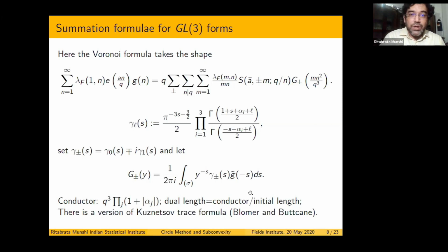And if you analyze the size of the integral transform and use the Weil bound for the Kloosterman sum, you will see that this formula is actually saving the square root of the initial length by the square root of the final length. Also, there is a version of the GL3 Kuznetsov-Deshouillers formula, and I'm not going to write it down, but if you look at the work of Blomer and Buttcane, you can learn a lot there.